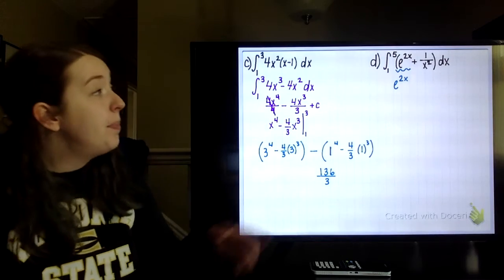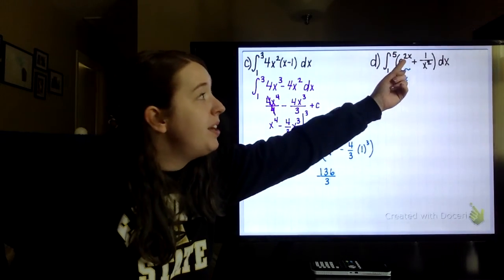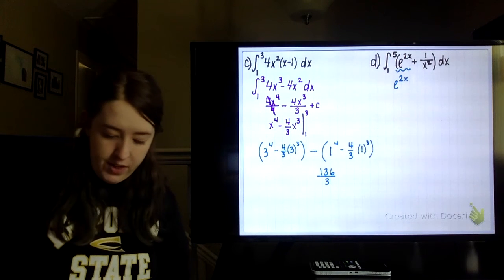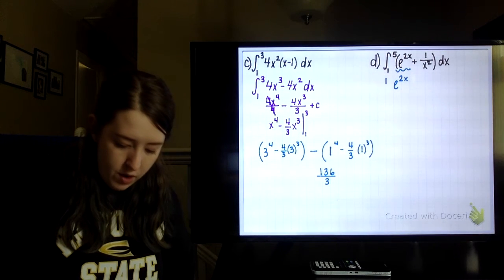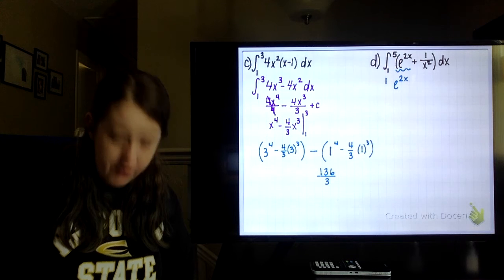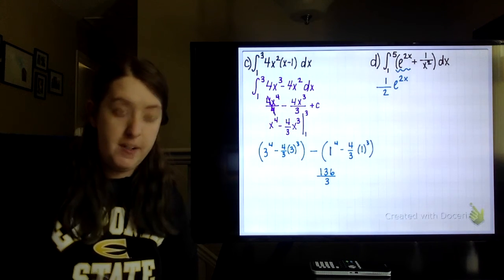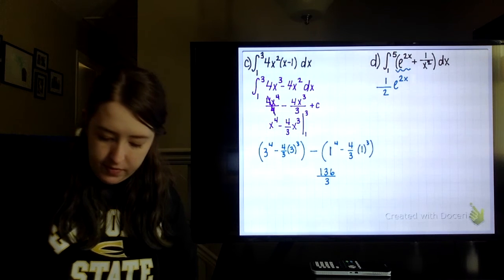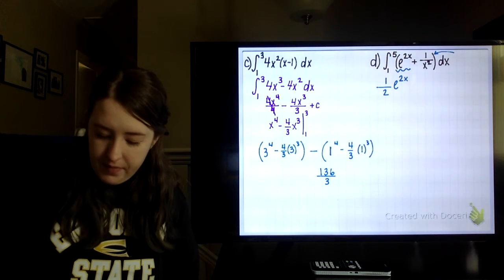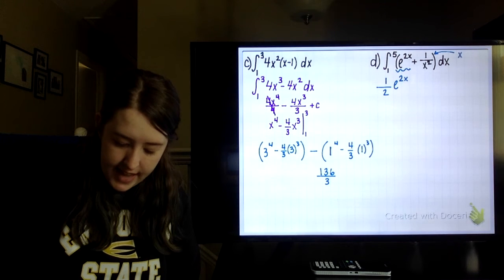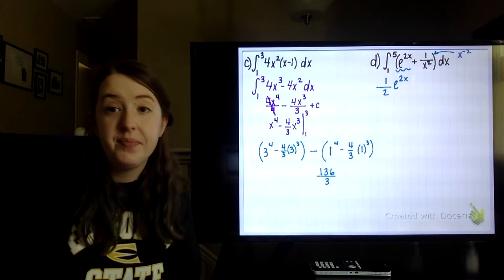But if you remember, if I have something linear up there, if I have something multiplied by my x, I need to account for that by having 1 over that value out front. So I have 1/2 e to the 2x for the first part. Now remember, 1 over x squared is the same thing as x to the negative second.